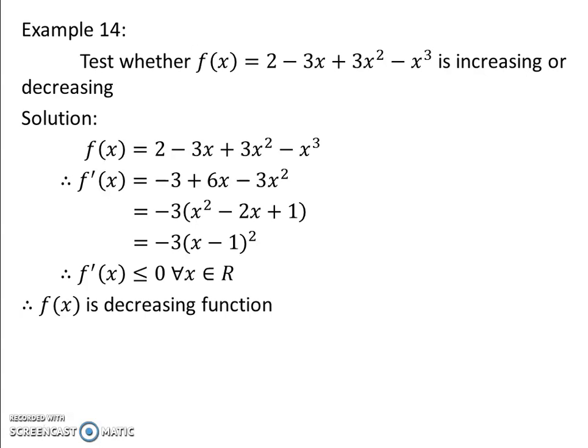If f dash of x less than 0 had come, it would be strictly and monotonically decreasing. Here equal to is also a possibility, so it is a decreasing function.